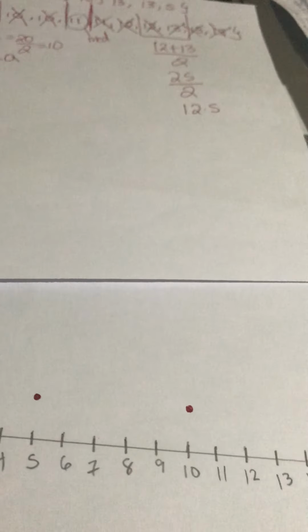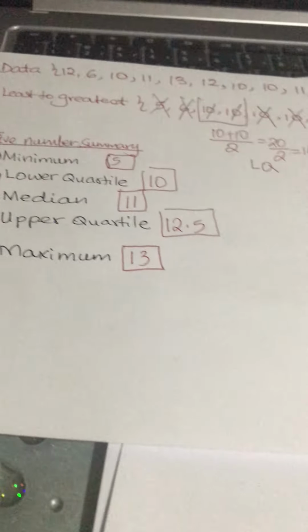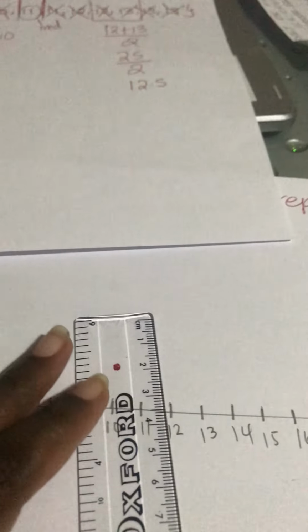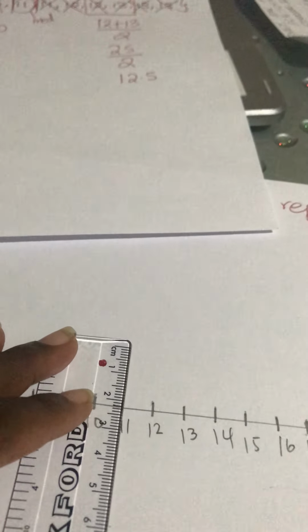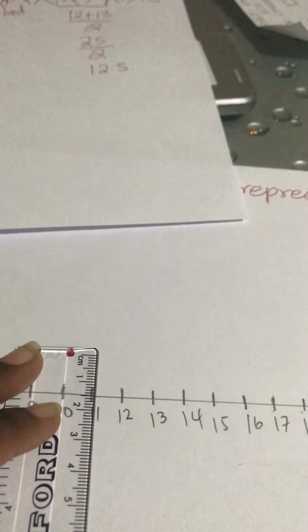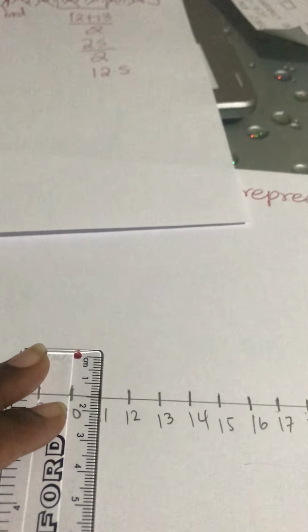Then after my lower quartile is my median, which is 11. I take my ruler, since I said my dots are 1.5 from the line. There. I put my point for the median.